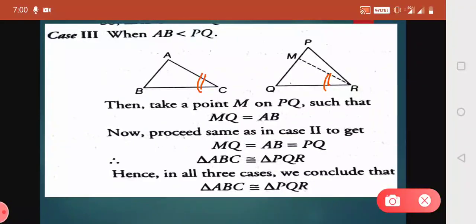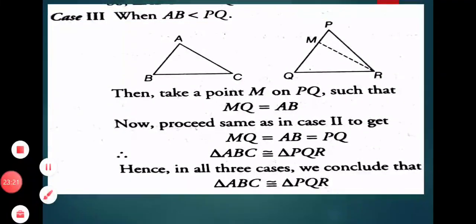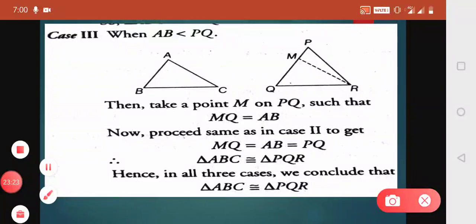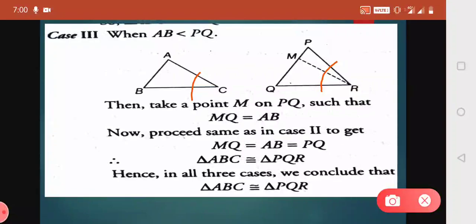But it is given that angle C is equal to angle R, that is, the whole angle ACB is equal to PRQ, this whole angle. Again this is possible only when point P coincides with M. So our assumption that M is another point on PQ is wrong.